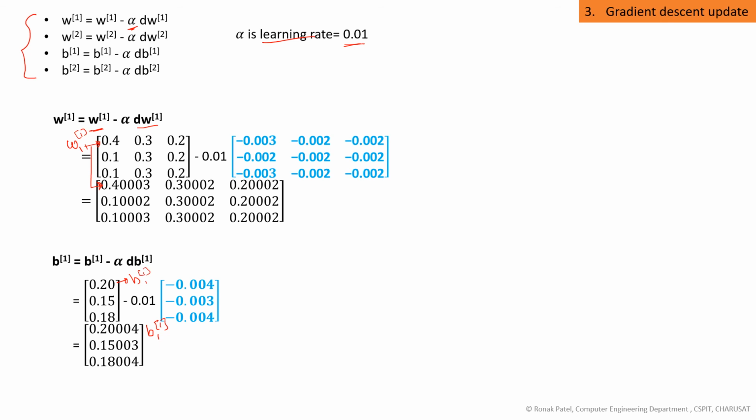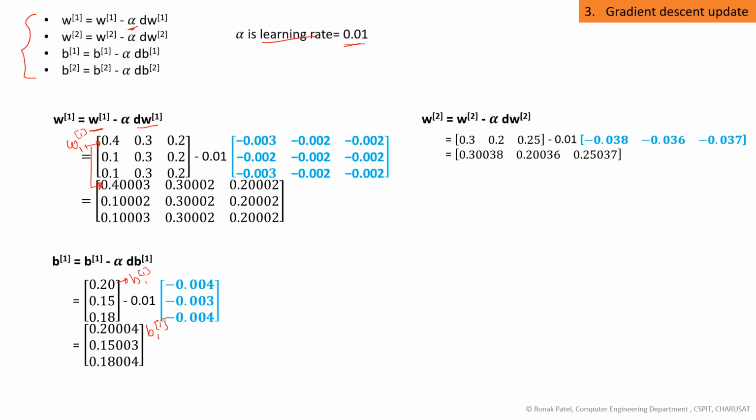Then W2, you can calculate like this: W2 0.3, 0.2, 0.25 minus 0.01 into dW2. Ultimately, you will get this value of W2. This is the old value, and now this is the new value of your W2.